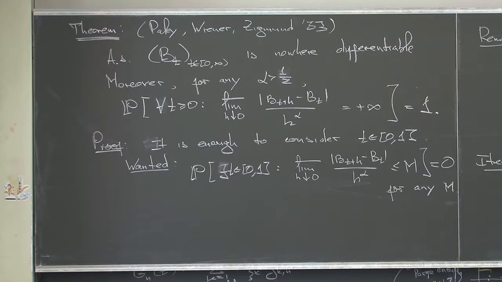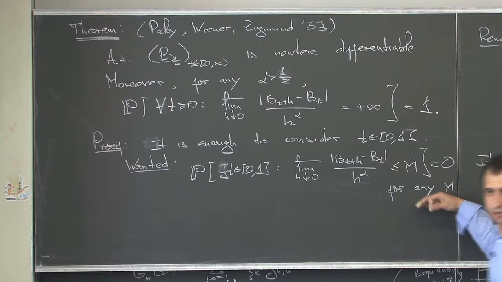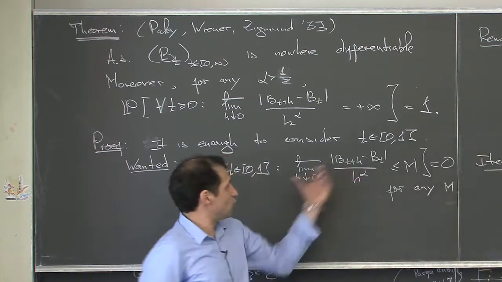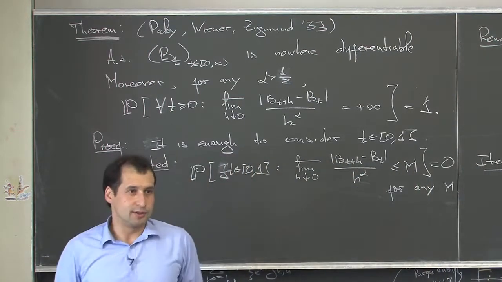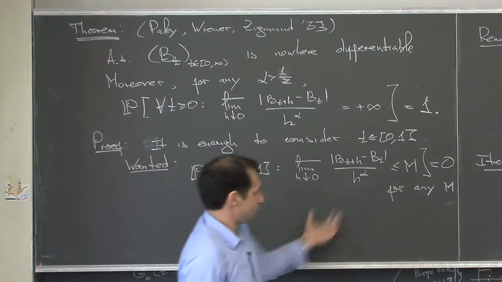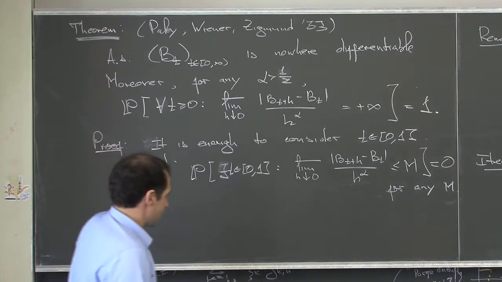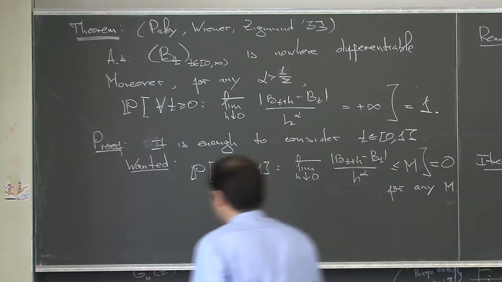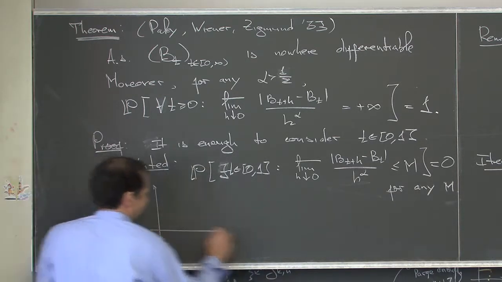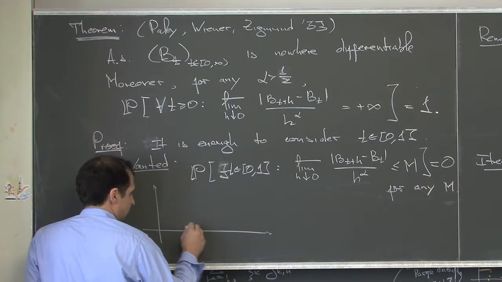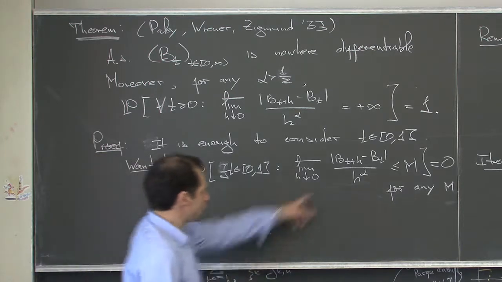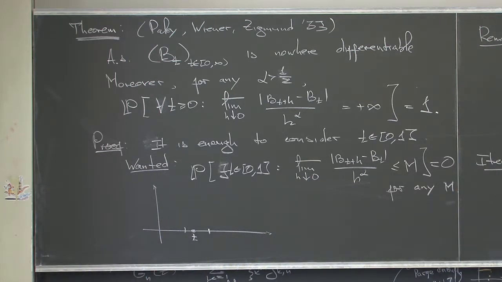Again, I can take only countably many m's, so there is no big deal. If I know that there are no good points in this sense, then I know that there are no good points at all on the segment. Now what is the idea of the proof? Imagine I have some point t here, which is good in this sense, that the increments do not grow very fast.